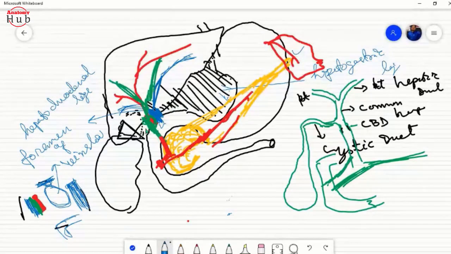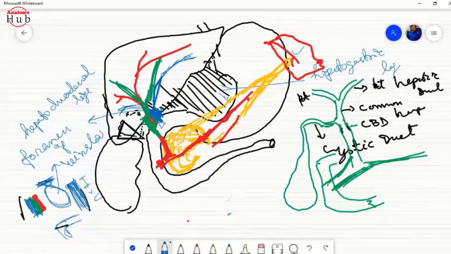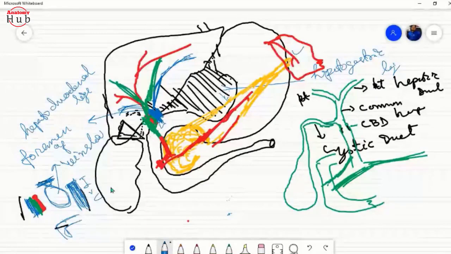And why am I telling about this foramen of Winslow? Because first we should know the boundary. Anteriorly we will find these three structures, and posteriorly, just posterior to that, we find the IVC, and superiorly the inferior margin of the liver, and inferiorly we will find the duodenum.